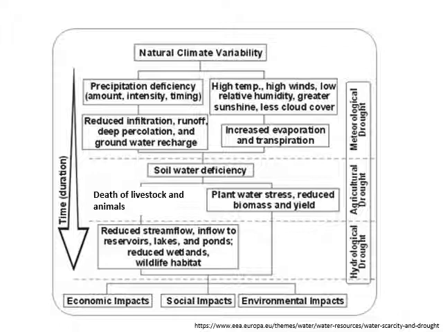So a meteorological drought affects the water balance, but it doesn't typically affect plant production. So this is a short-term drought. An agricultural drought affects plant growth and animal performance. A hydrological drought, on the other hand, affects how much water is in the rivers and the dams. The recent drought in Cape Town was a hydrological drought.